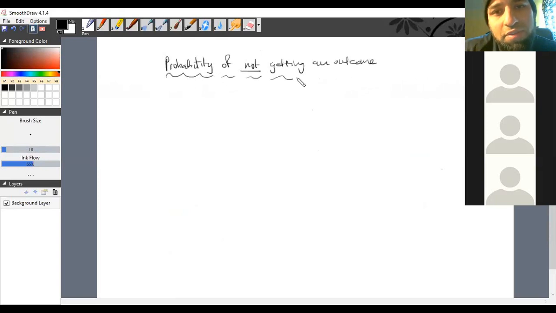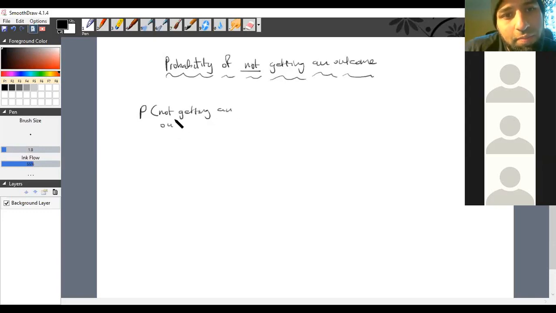Who can tell me the formula for this? So the probability of not getting an outcome equals 1 minus the probability of getting the outcome.